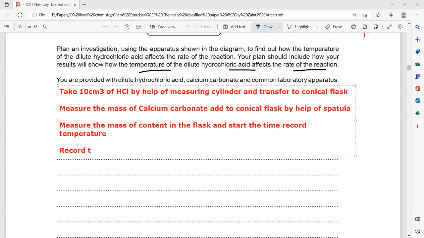Then record the change in mass every 30 seconds for 3 minutes or 5 minutes, you can also mention.